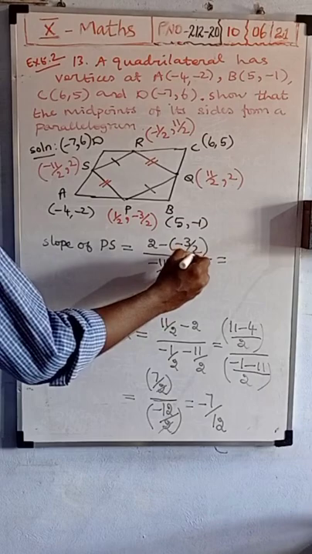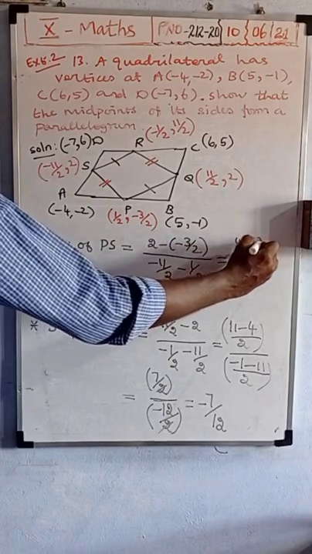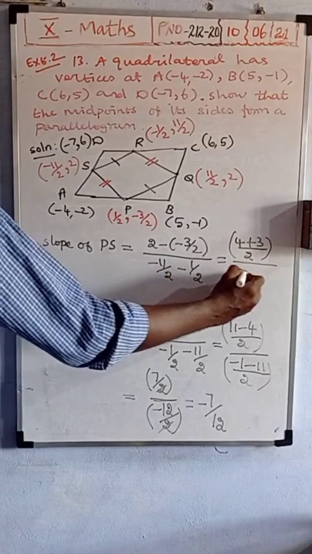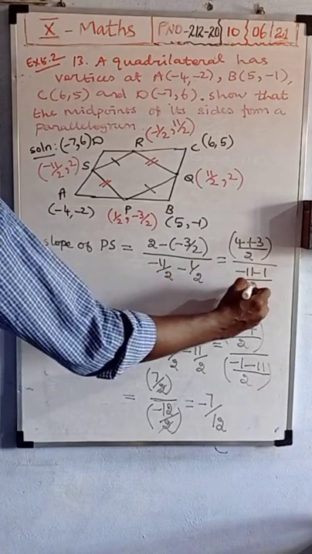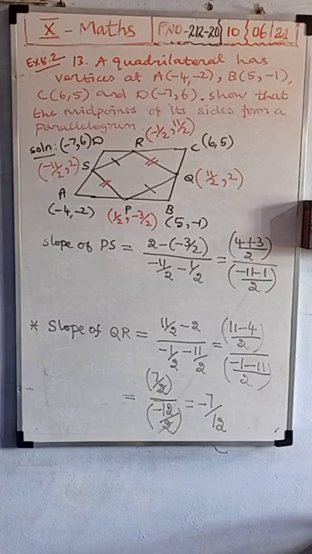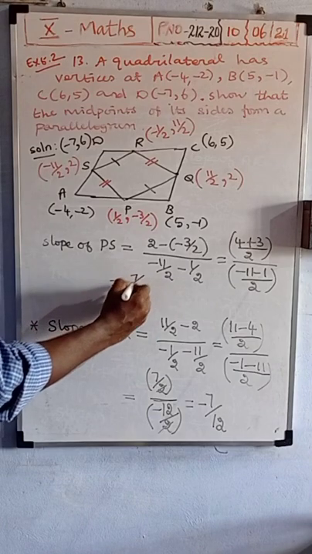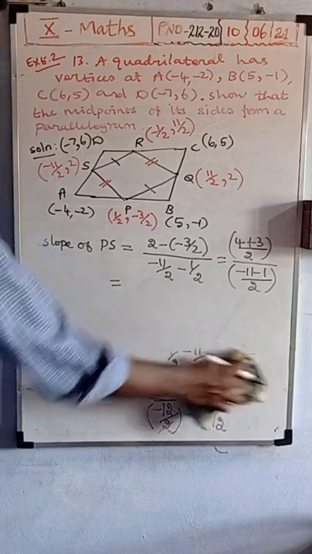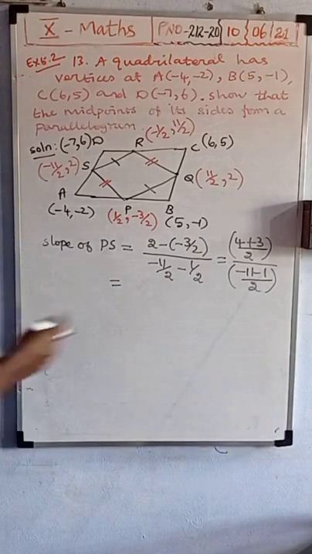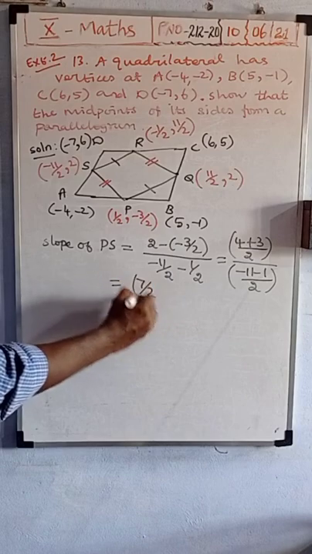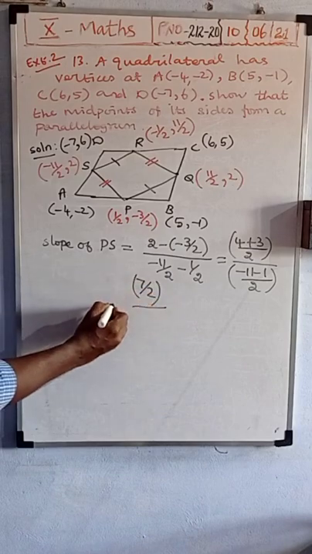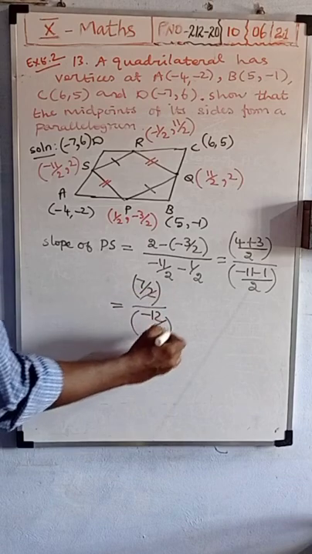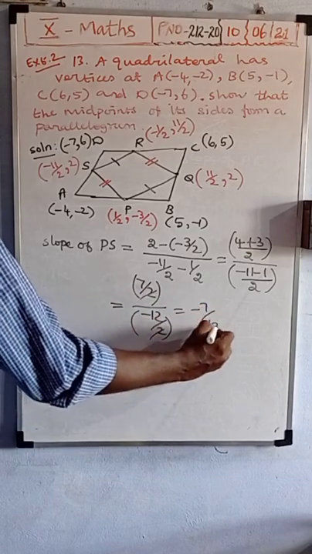Taking the LCM, 4 plus 3 by 2 divided by (minus 11 minus 1) by 2. Simplify the numerator: 7 by 2 divided by minus 12 by 2. The 2s cancel, giving minus 7 by 12.